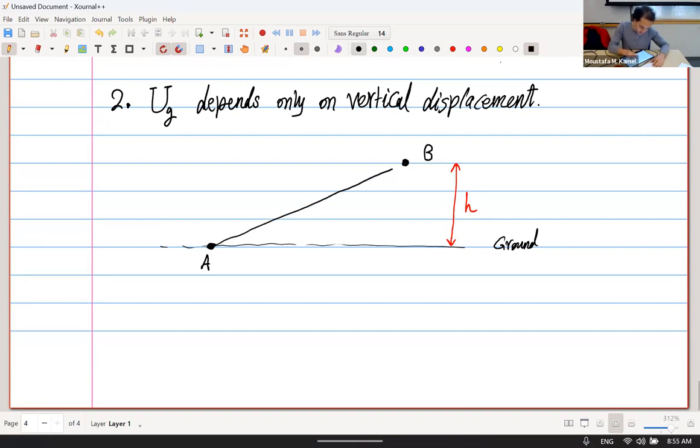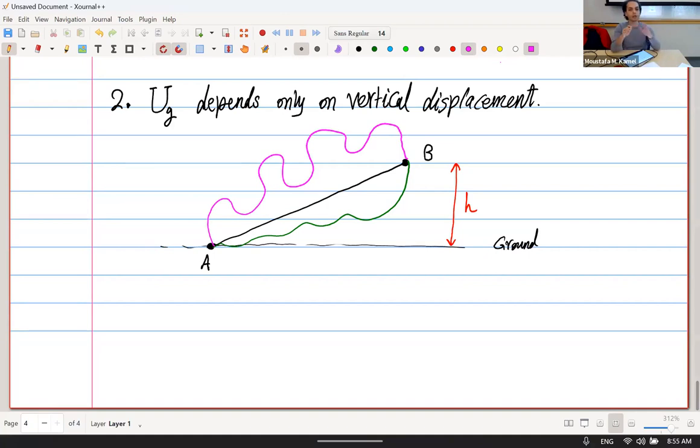If you go this way, or this way, or this way, all paths don't differ from each other in the change in potential energy. You will have the same difference in potential energy no matter what path you take, because all horizontal contributions vanish and you only get the height. As long as you arrived at the same height, you got to the same potential energy.